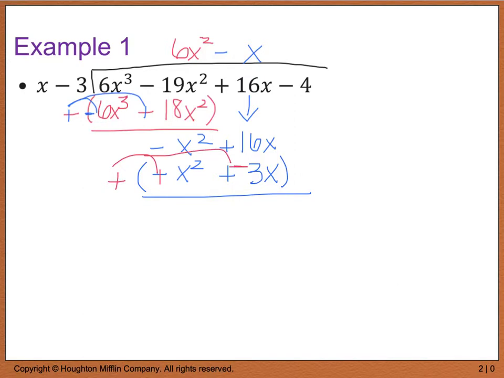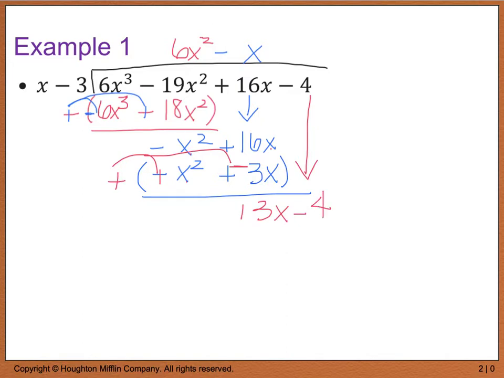Now I can add straight down. A negative x squared plus a positive x squared gives me 0x squared. Now I have 16x plus a negative 3x, which is going to give me 13x. I have another term to bring down, so now I'm going to go minus 4.